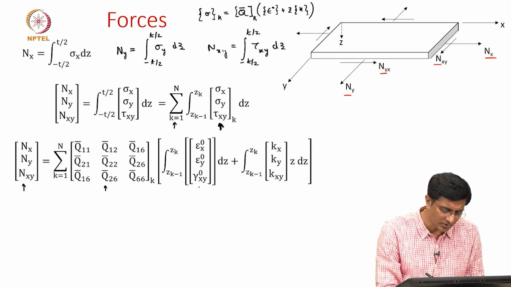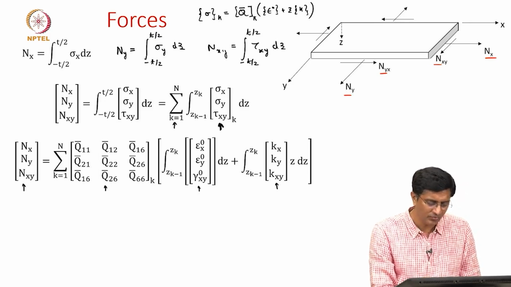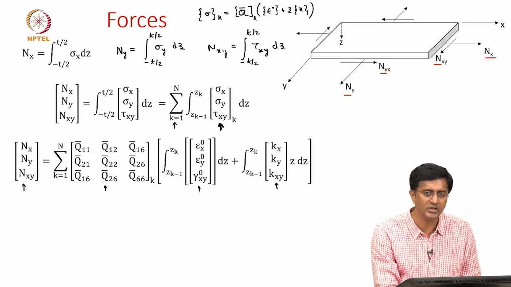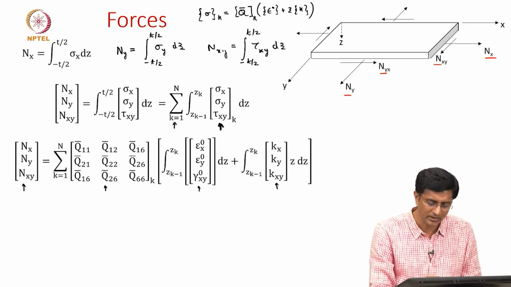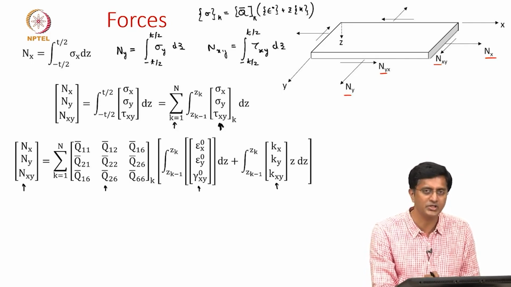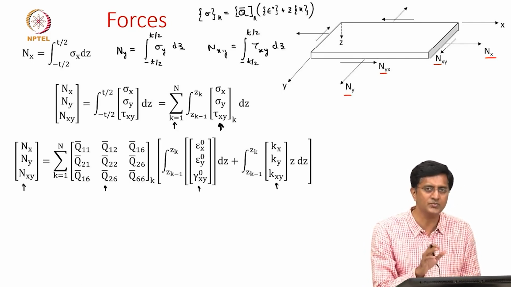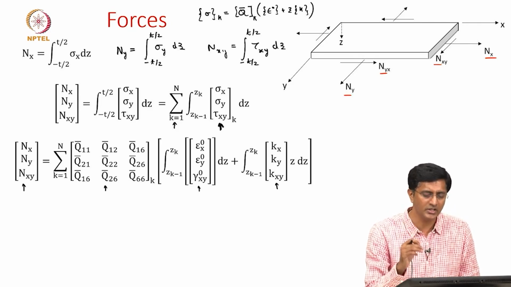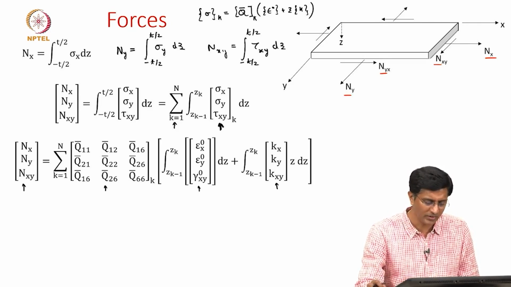But when it comes to the mid-surface strains and the curvatures, we know we need to still keep them in the integration because these are functions of z. At least this z times curvature is a function of z, so we should still keep them in the integral. But they can be taken out of the summations because from layer to layer they don't change. They are constant across the layers. Now let's see how we can simplify them.